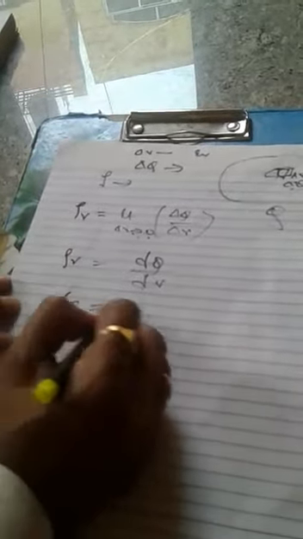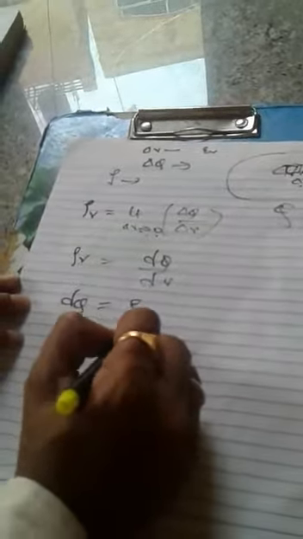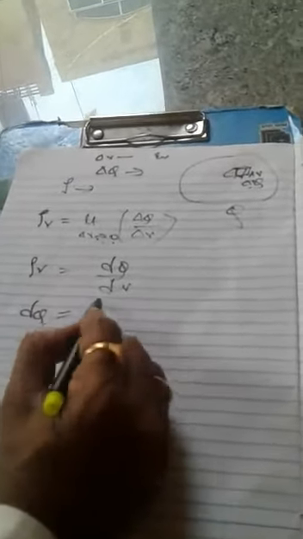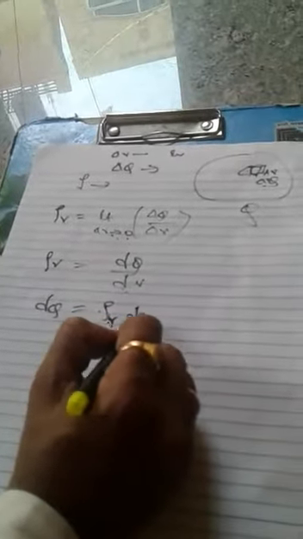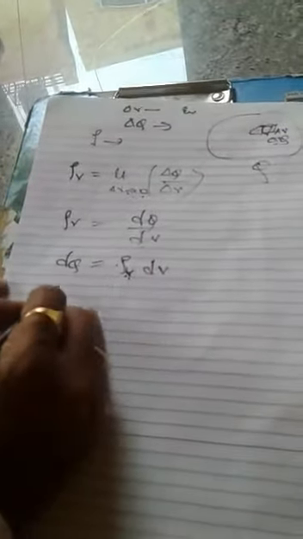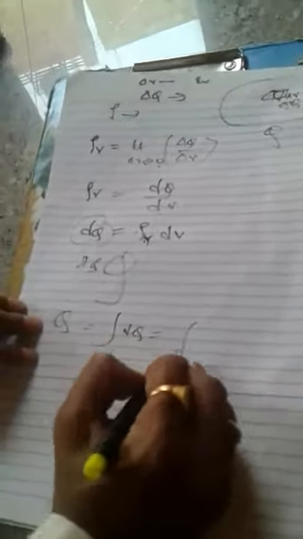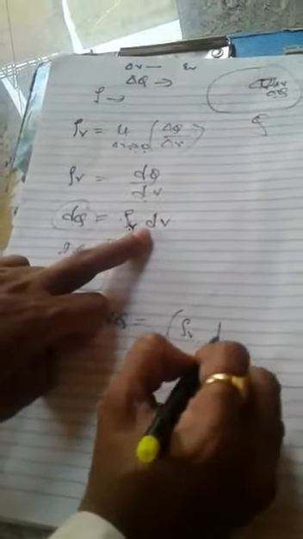So this is it. Or we can cross multiply: dQ is equal to rho v into dv. So if Q is the total charge over the surface, then Q is equal to the integration over v of rho v dv.